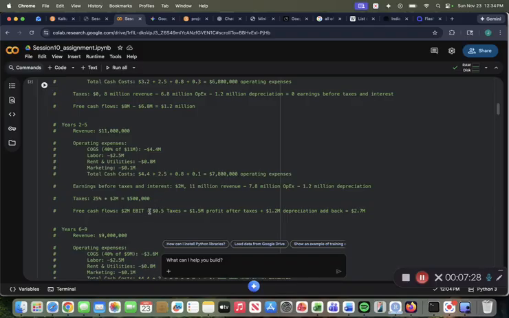So our cash flow is the earnings before interest and taxes minus the $500,000 in taxes, which is 1.5 million for our free cash flows from years 2 to 5, as well as adding back the depreciation that we took off since it's a non-cash expenditure. So it would be 2.7 million of cash flows there.